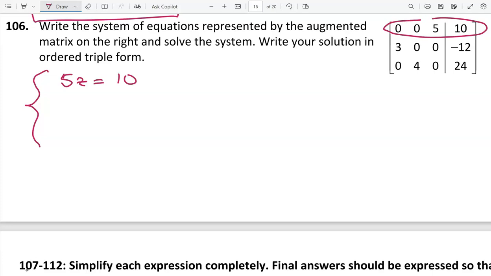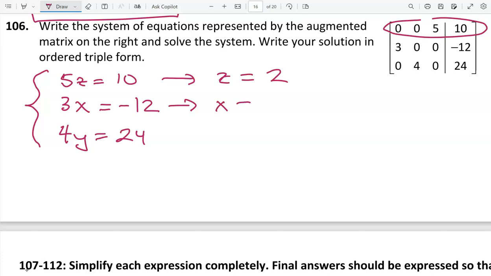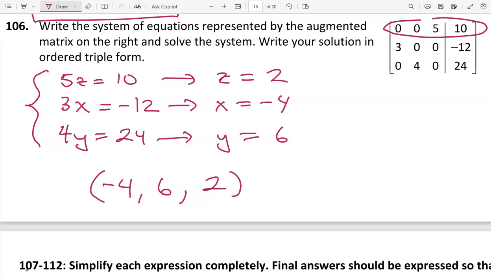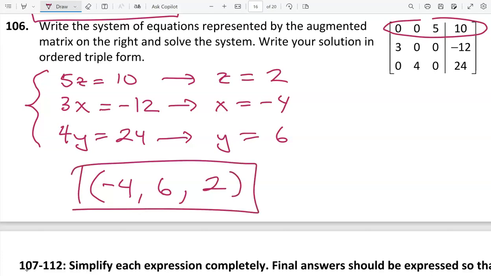The next is 3x is equal to negative 12. And the last is 4y is equal to 24. That's going to give us a z value of 2, an x of -4, and a y value of 6. In ordered triple form, the x comes first, the y comes second, and the z comes last. And so that's the solution to the system.